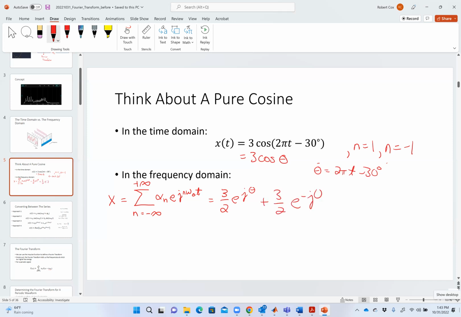Then I can substitute in theta, and that becomes 3 halves e to the minus j 30 degrees e to the j 2 pi t, plus 3 halves e to the j 30 degrees e to the negative j 2 pi t.